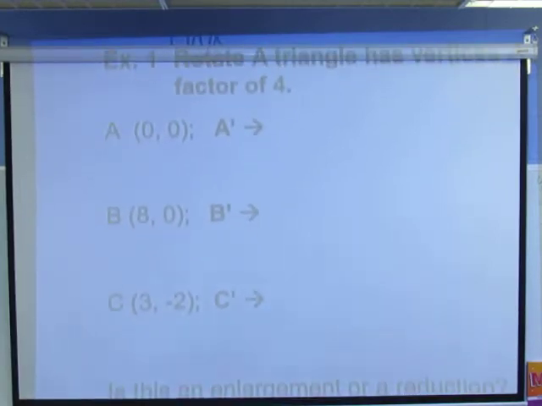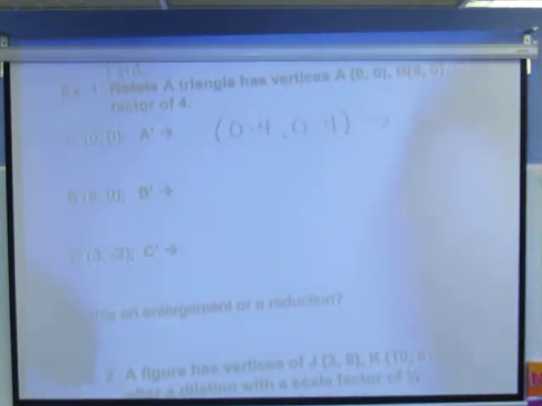So you take each one of your ordered pairs, take each coordinate, and multiply it by the scale factor. In this problem, what is the scale factor? 4. So we have 0 times 4, and the other one is also 0 times 4. What is 0 times 4? 0. So this one remains (0,0). The only time the coordinate will remain the same when you multiply is when it's 0. So A prime is still at (0,0).